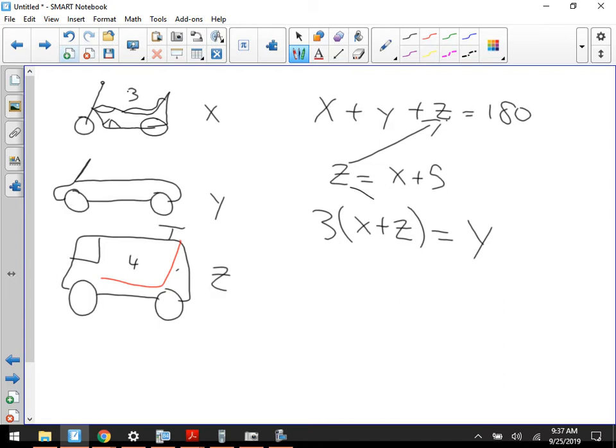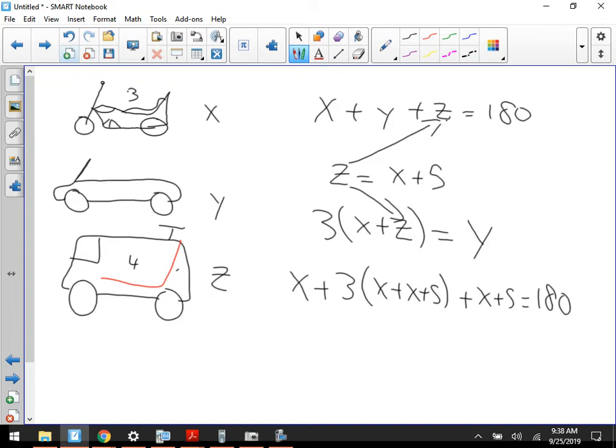It's the same basic principle where I'm going to utilize one equation within the other 2 to get one giant substitution problem. So if we do this correctly, we get x plus, well, y will be 3 times the quantity x plus 5, plus x plus 5.